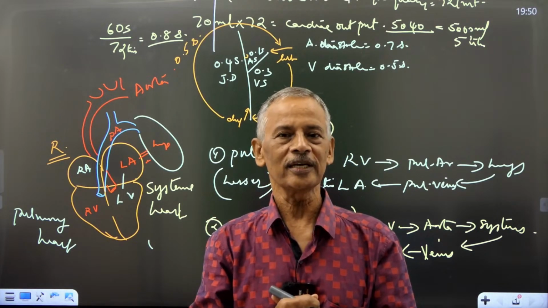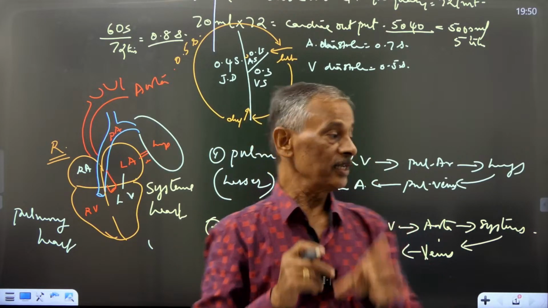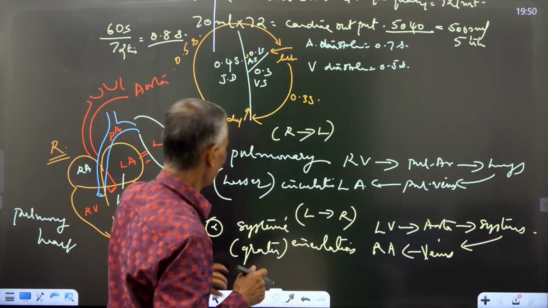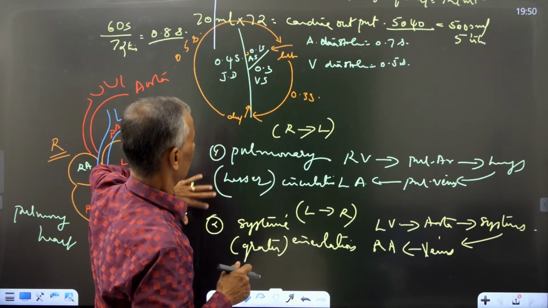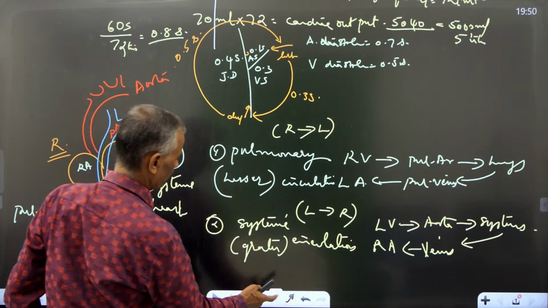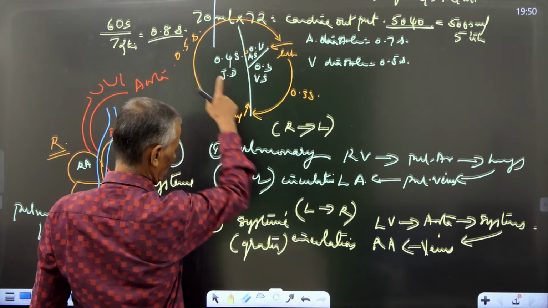Is that point clear? Now, it is clear from this one that we are having two types of blood vessels. What are they? They are all arteries and veins. We call them arteries and veins.